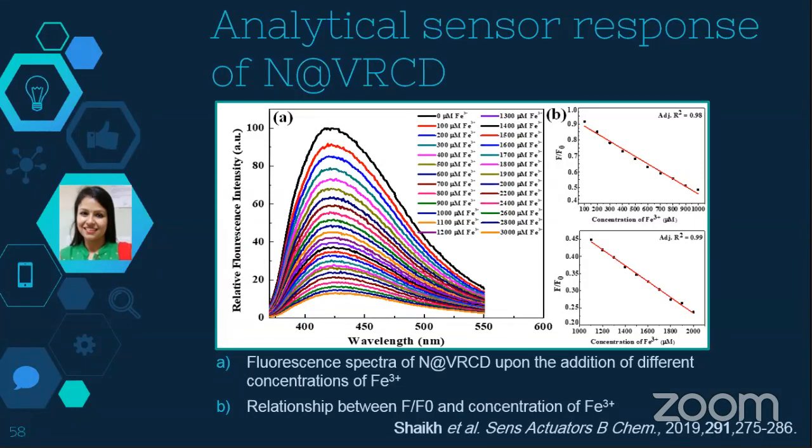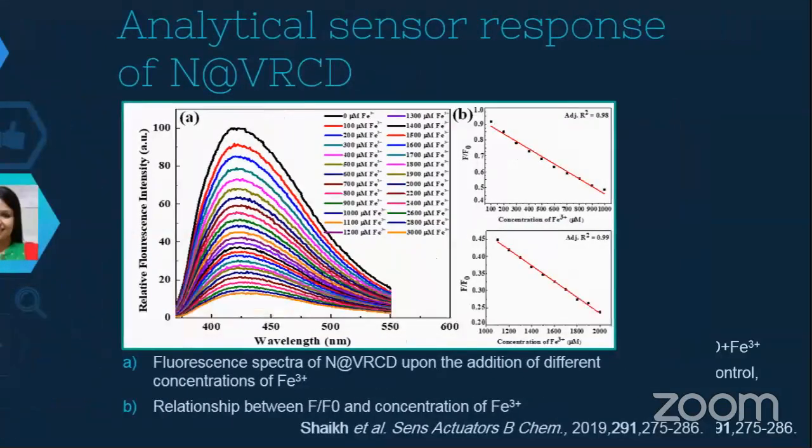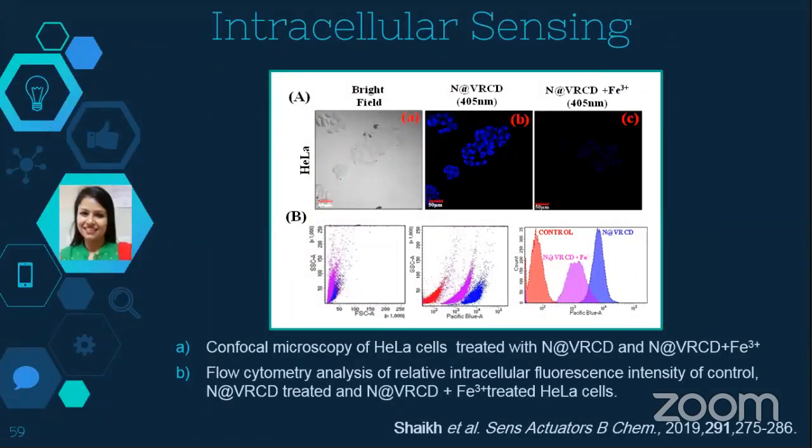There was no issue in this. Similarly, intracellular sensing of iron was done using this particular carbon dot. We used confocal imaging of HeLa cells treated with nitrogen doped Vigna radiata carbon dot, and we could very easily sense Fe3+ ion inside the cell lines also. We used HeLa cell lines for this particular work.